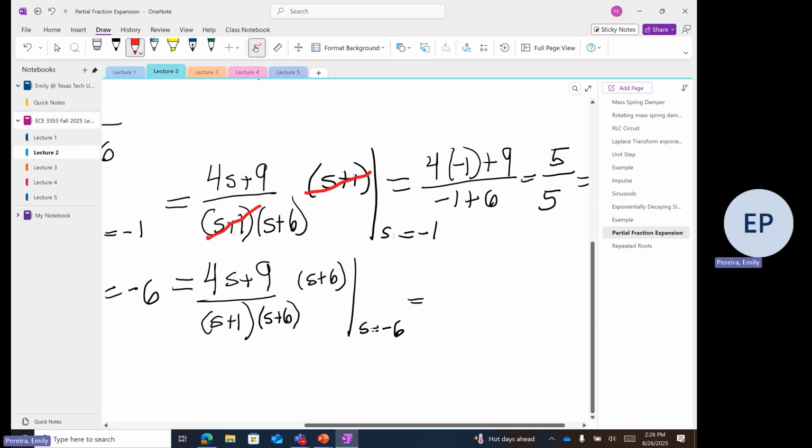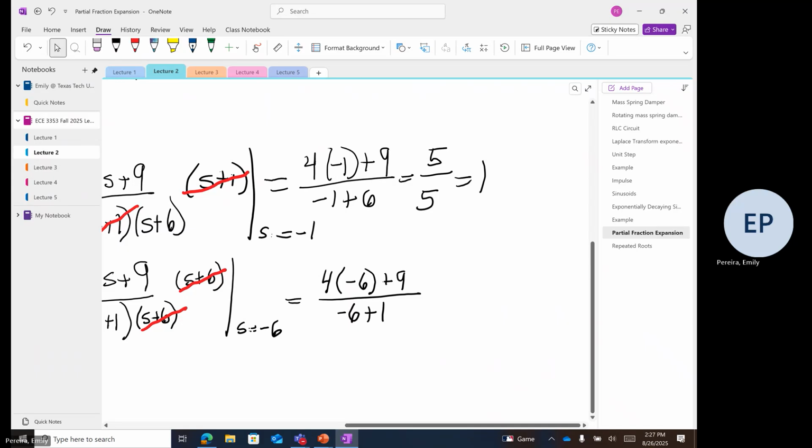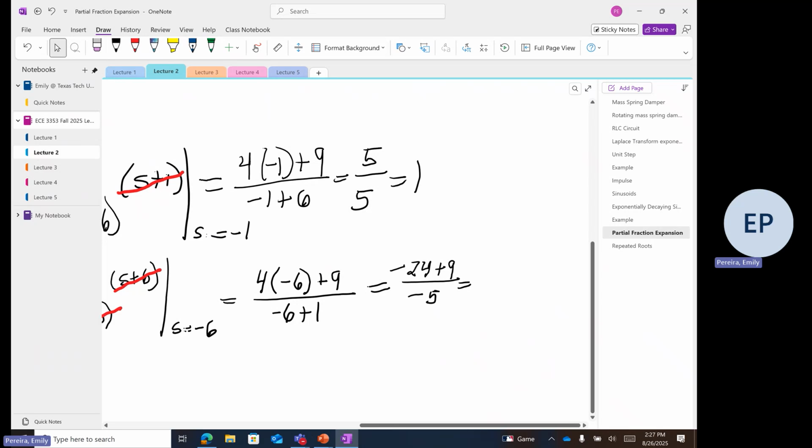Again, we see that (s + 6) cancels on the top and the bottom, and we're left with (4 times negative 6 plus 9) divided by (negative 6 plus 1). 4 times negative 6 is negative 24, plus 9 is negative 15, and negative 15 divided by negative 5 is 3.